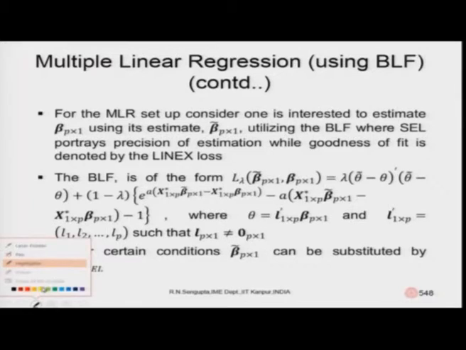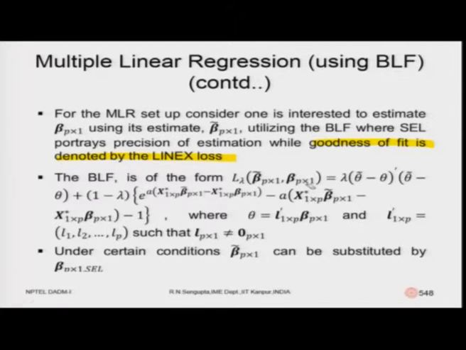Again I will highlight using the colors, so I will remove all of them. The goodness of fit, which was initially squared error, now uses the Linex loss. So, goodness of fit is basically Linex loss. I will highlight that. So, this is the Linex loss, sorry, my mistake.